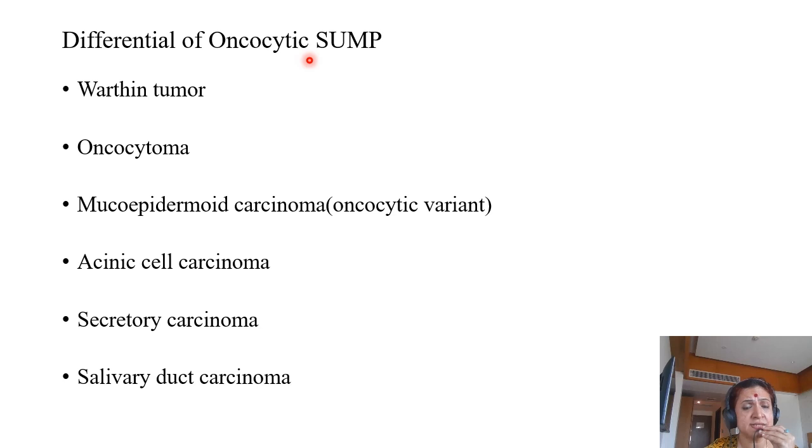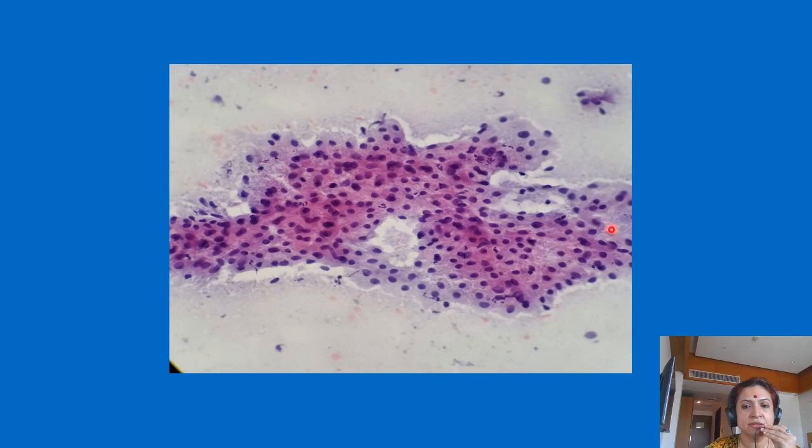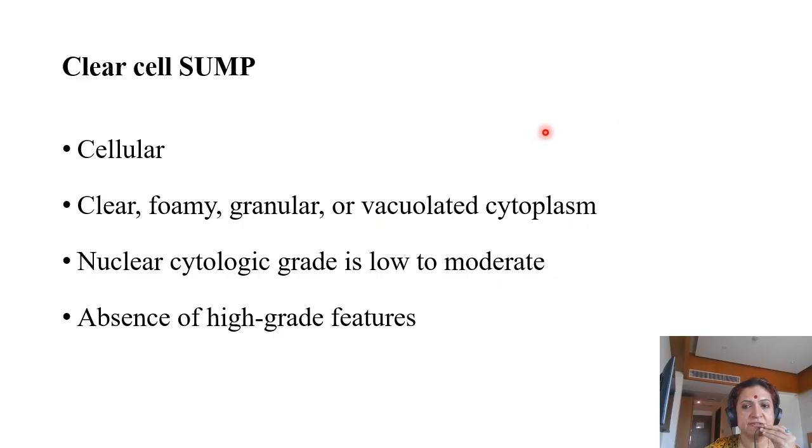The differential of oncocytic SUMP can range from Warthin tumor and oncocytoma to malignant entities like mucoepidermoid carcinoma, the oncocytic variant, acinic cell carcinoma, secretory carcinoma, and salivary duct carcinoma. So that is sheets of oncocytic cells. Then the clear cell SUMP.